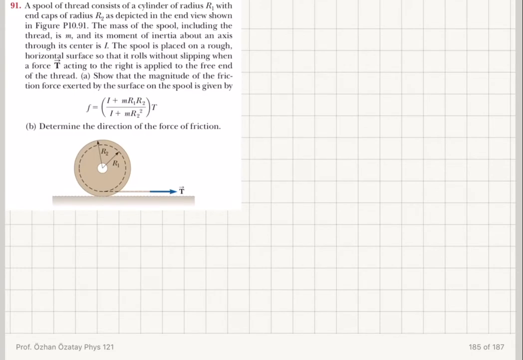A spool of thread consists of a cylinder of radius r1 with end caps of radius capital R2 as depicted in the end view shown in the figure.